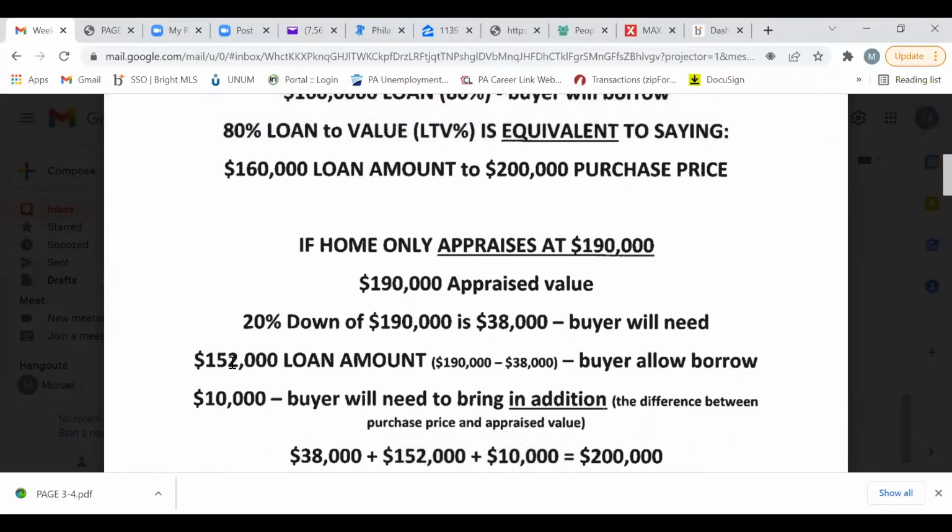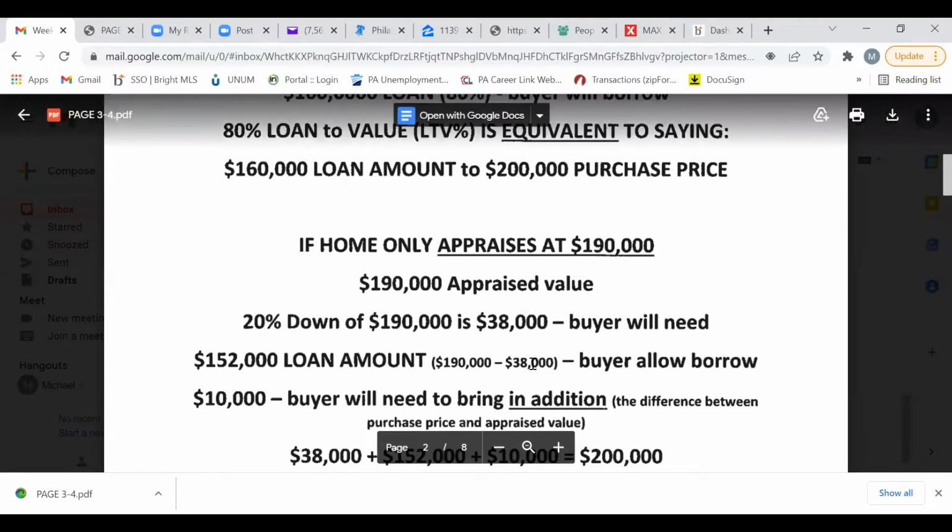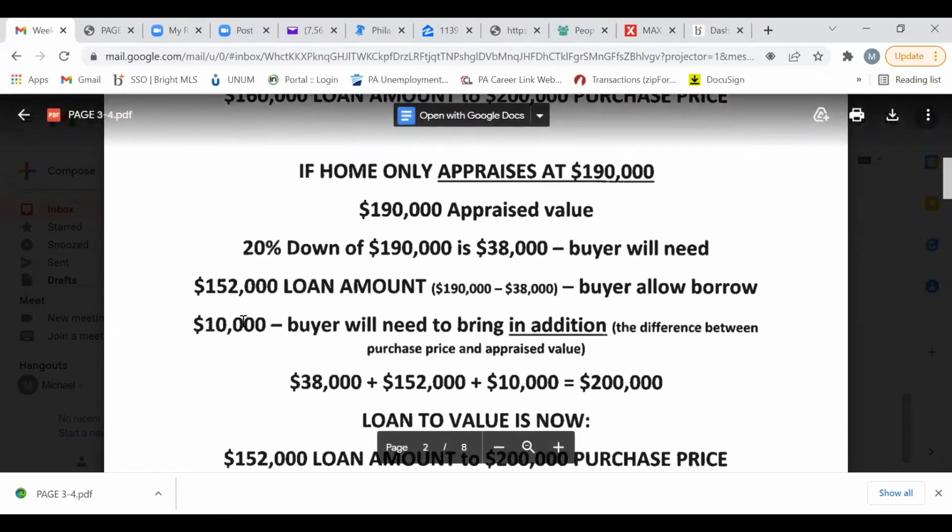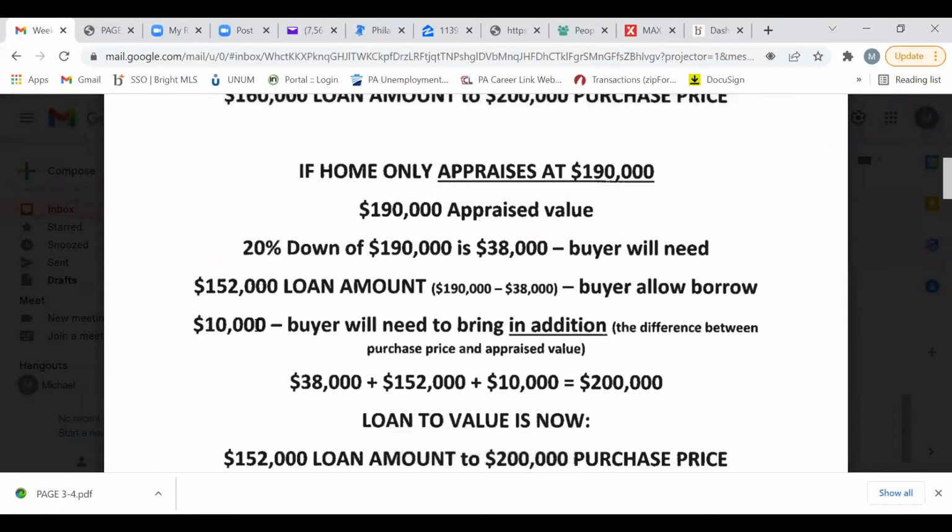That's the maximum the bank is willing to allow you to borrow on this deal. So now the buyer will need to bring an additional $10,000. So not only do they need to bring 38,000, but they need to bring $10,000, which is 48 grand.